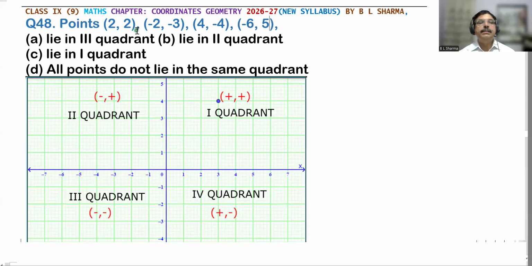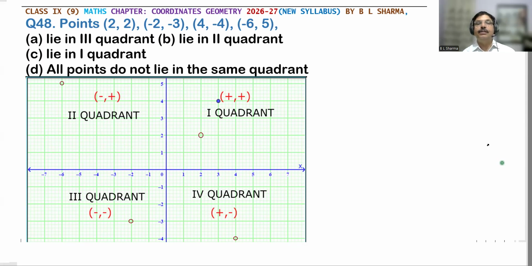The points lie in third quadrant, second quadrant, first quadrant, or all points do not lie in the same quadrant. See, that is 2, 2. That means this lies in the first quadrant. Minus 2, minus 3 lie in the third quadrant. 4, minus 4 lie in the second quadrant, sorry, fourth quadrant, and minus 6, 5 lie in second quadrant.